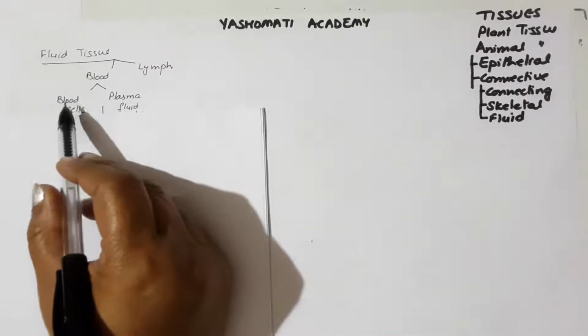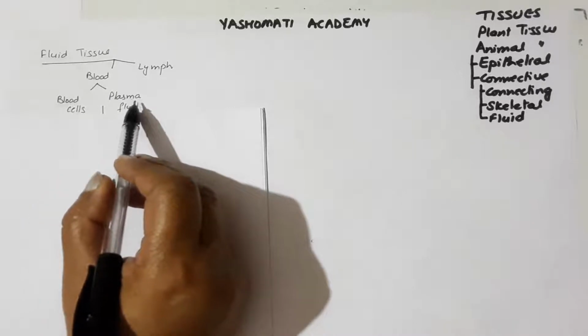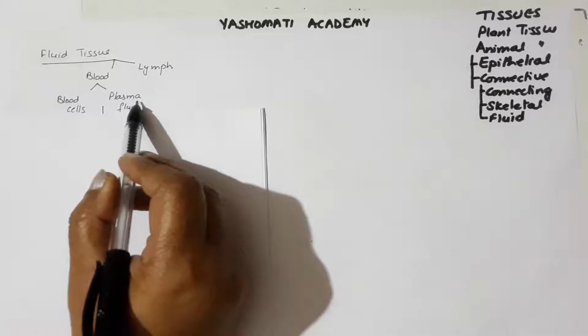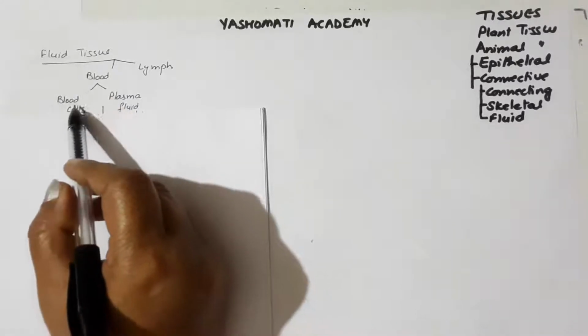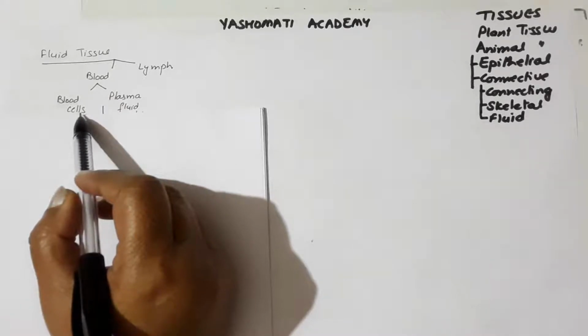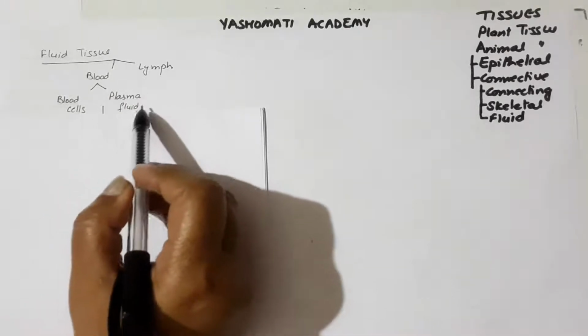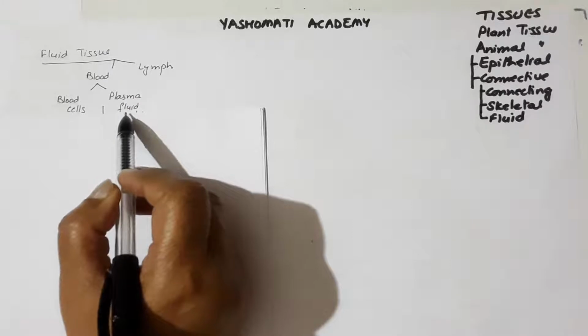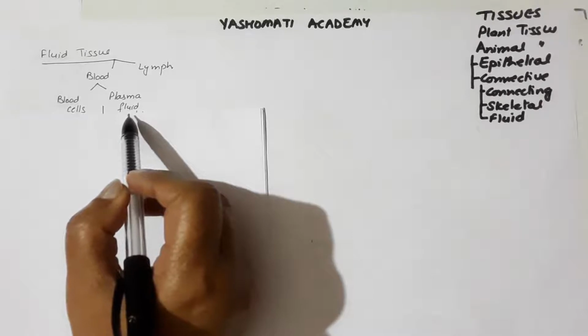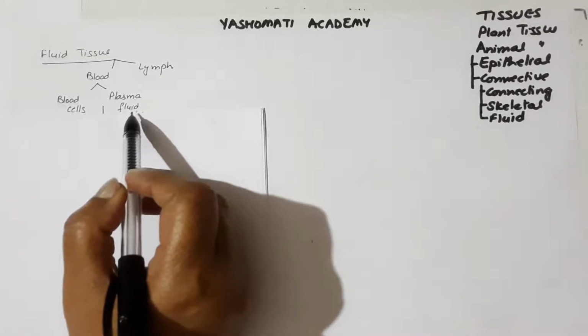Blood cells are the cells which are floating in the fluid part, which is called the blood plasma. We all know blood is red in color, and that red color is because of the red blood cells. Whereas plasma, which is the fluid part, is straw colored. Straw colored means slightly pale or light yellow colored liquid.